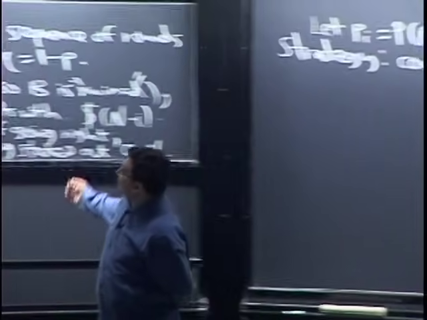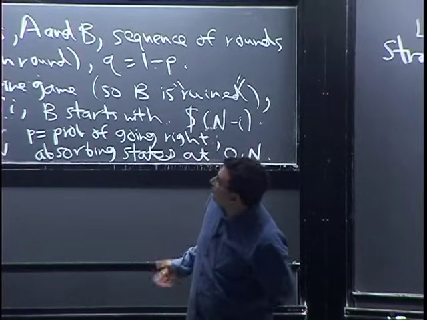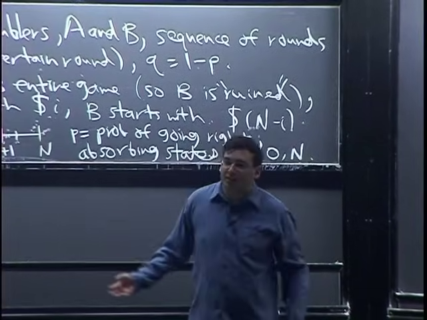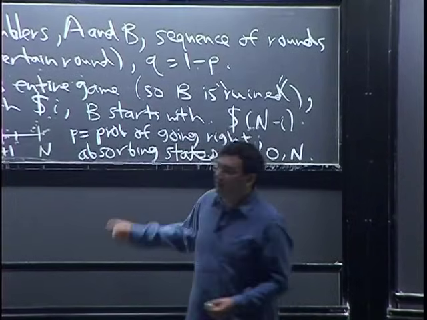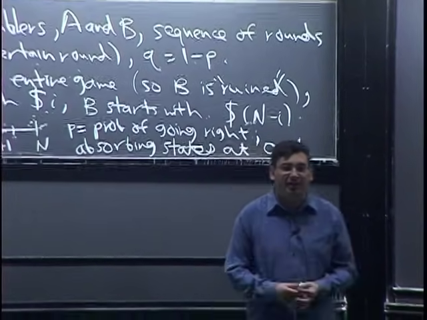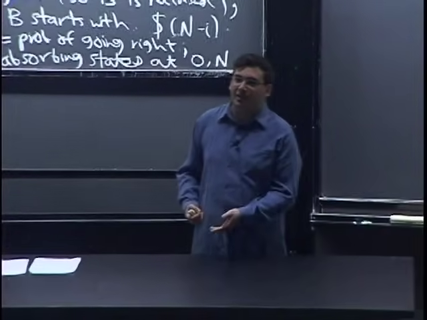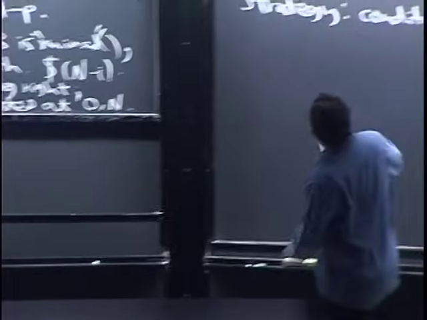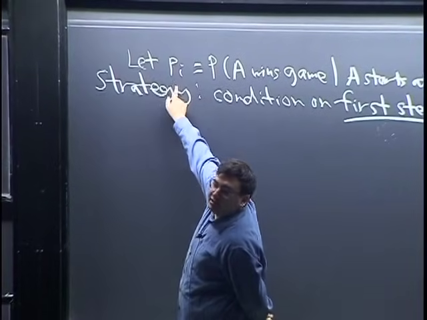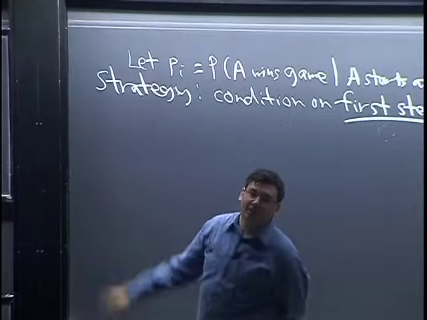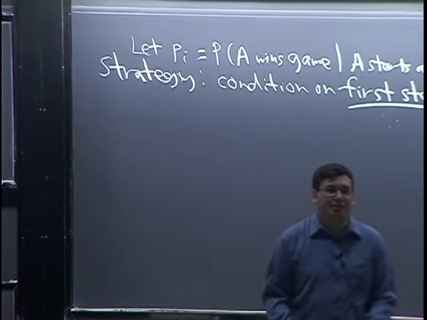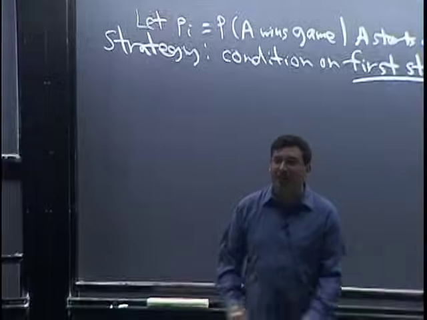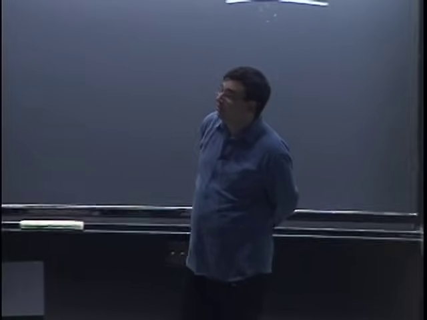If I had given you this problem and I said, A starts with $100 and capital N is $212 or something like that, it sounds like it's easier because I gave you specific numbers, but it's actually harder because the key insight is that we're going to try to relate P_i to P_{i+1} and P_{i-1}. So if you're thinking I has to be $100 and only thinking of that one probability, then you're not thinking of it with the right generality.